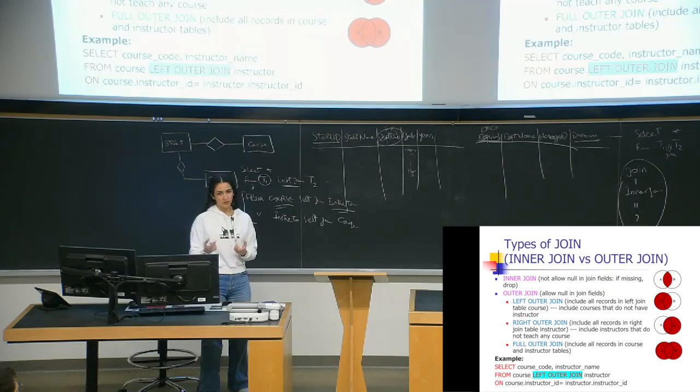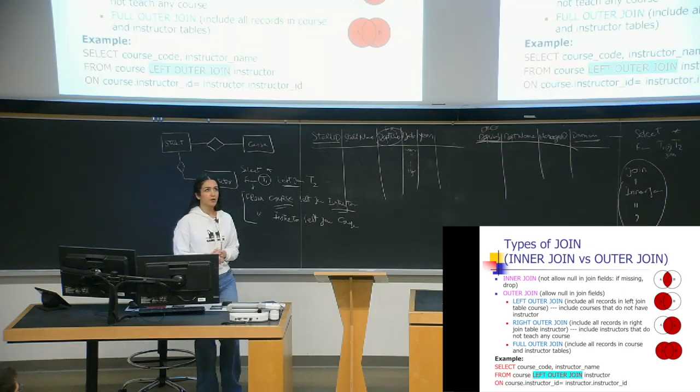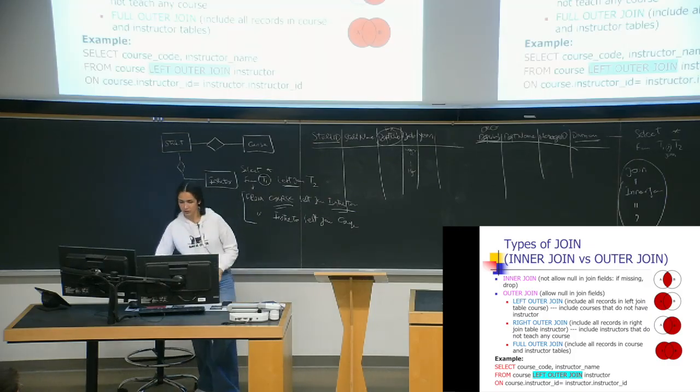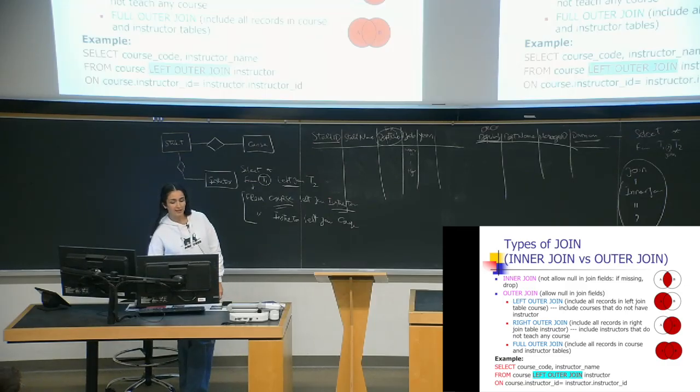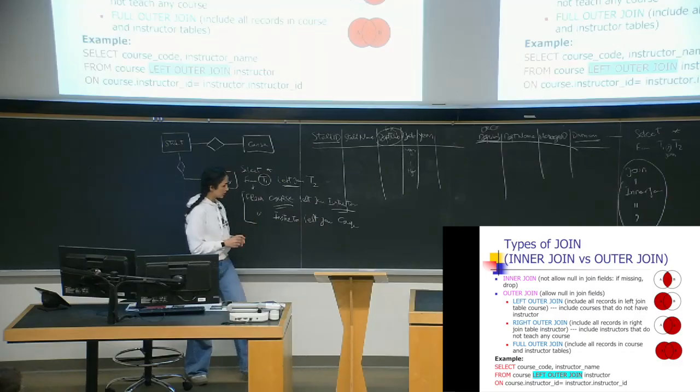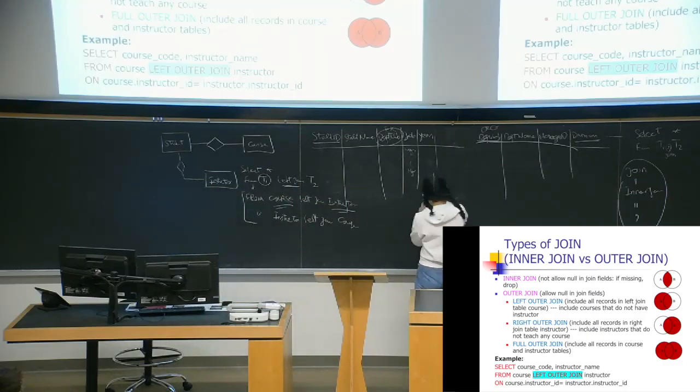Only instructors that are teaching courses. Does it also show courses that have no instructors? No. It accepts no null values. So when I say inner join doesn't allow null, this is what I mean. I'm going to make it actually very clear now.